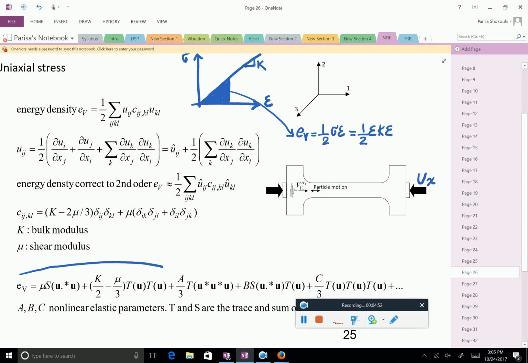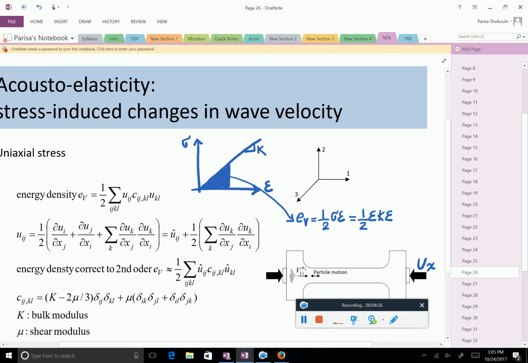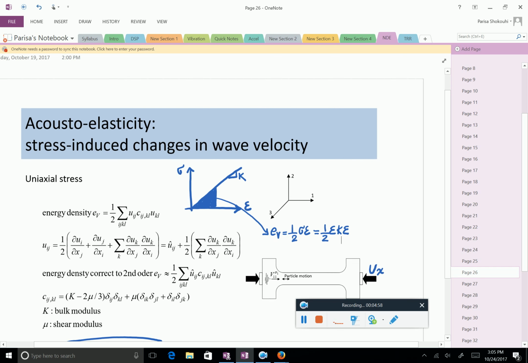So for Chas and team who just came, we are looking to see why we see stress-induced changes in velocity. Because when you look at linear elastic theory, what we saw before was that the velocity was the square root of n over rho.